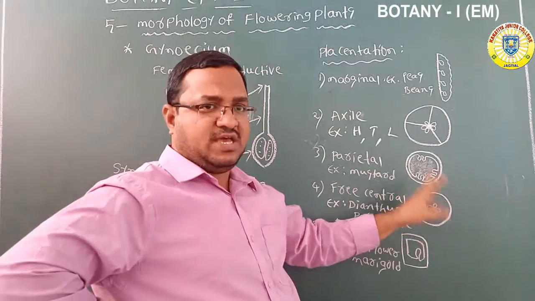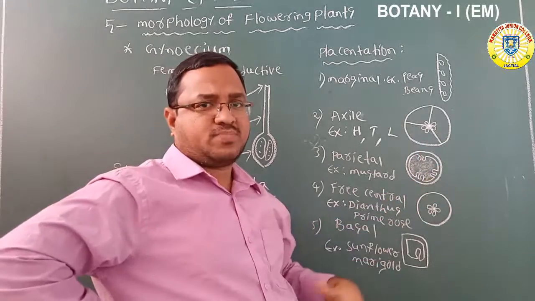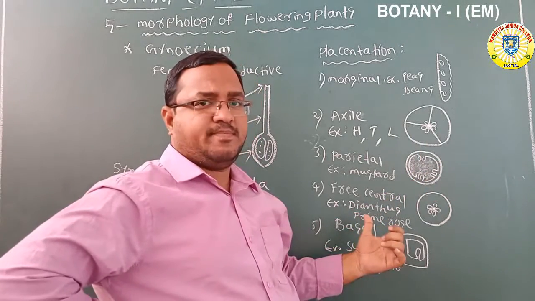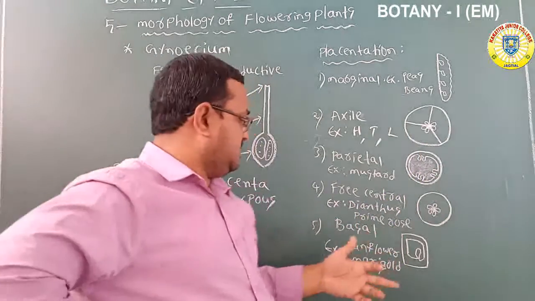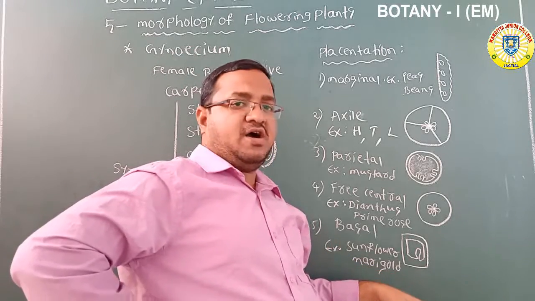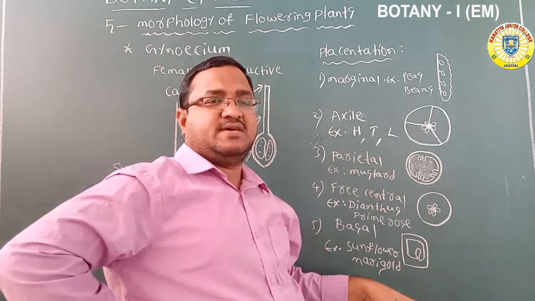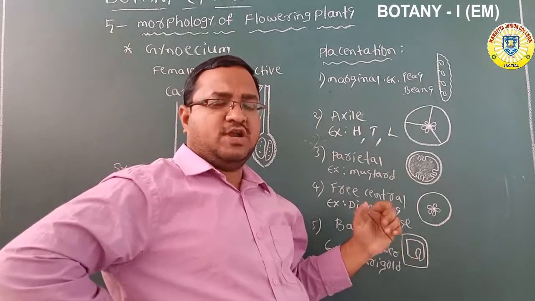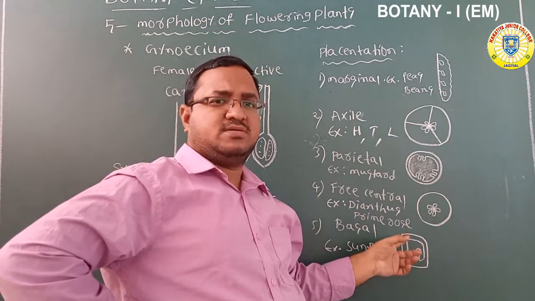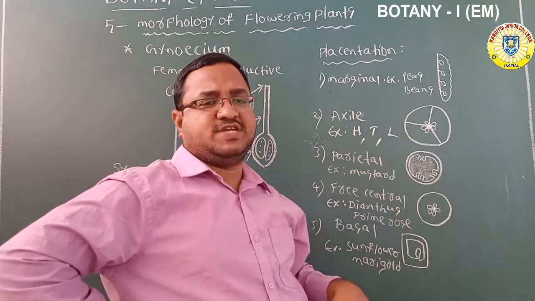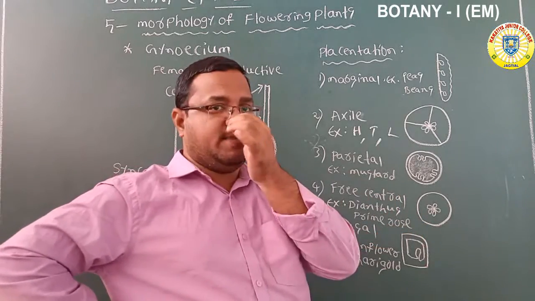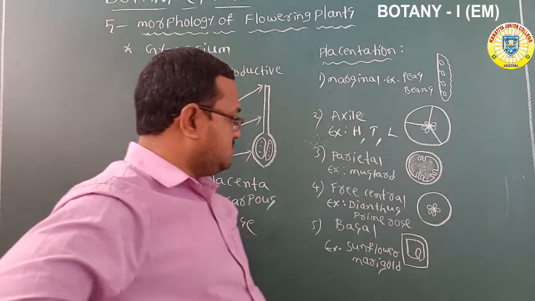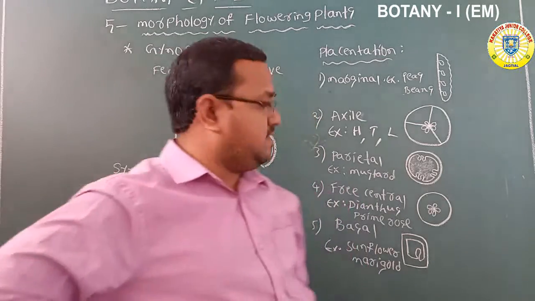On the central axis only, ovules are attached. Best examples are dianthus and primrose. Basal: the placenta forms at the base of the ovary. Only a single ovule is present on the placenta. Best examples are marigold and sunflower. So this is basal placentation.